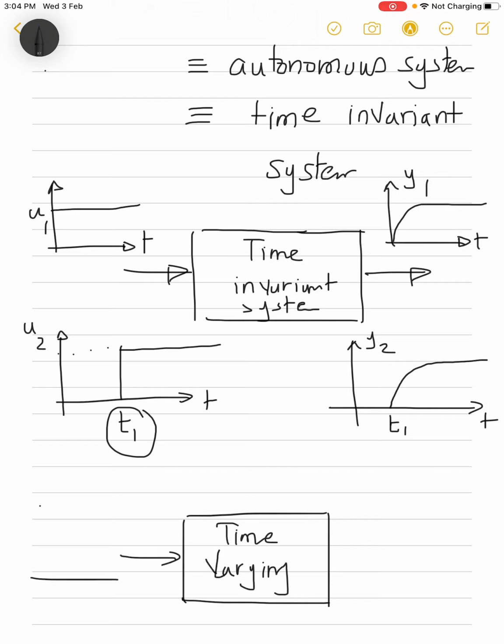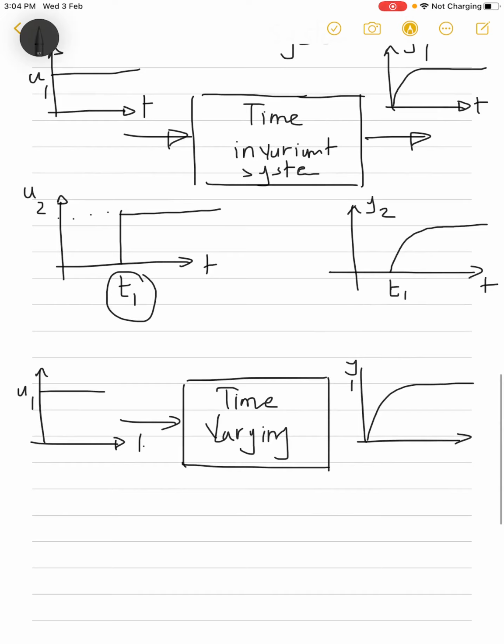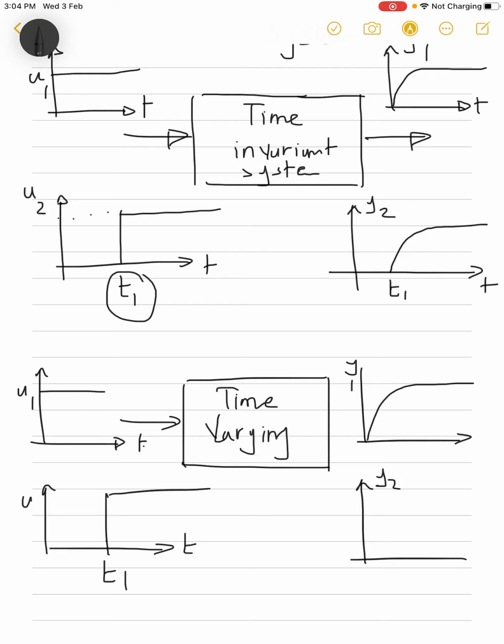Again, if I have an input here, say U1, and I get the output Y1, if I shift the input by an amount, say T1, what I will get here would be something different, like this, some oscillations or whatever, in contrast to what I have, which is a smooth curve. So this would be a typical example that illustrates the difference between time varying and time invariant systems.